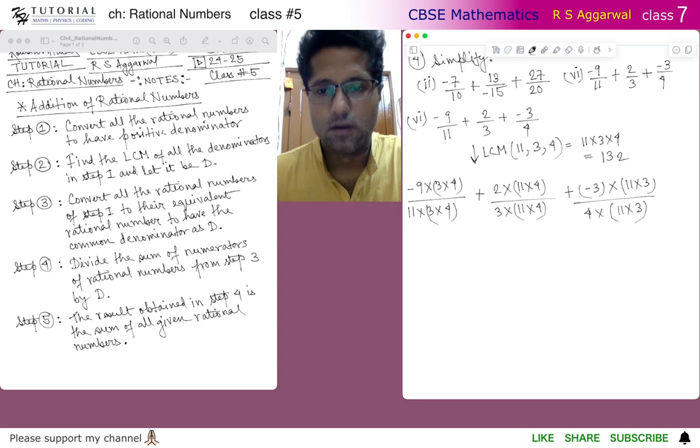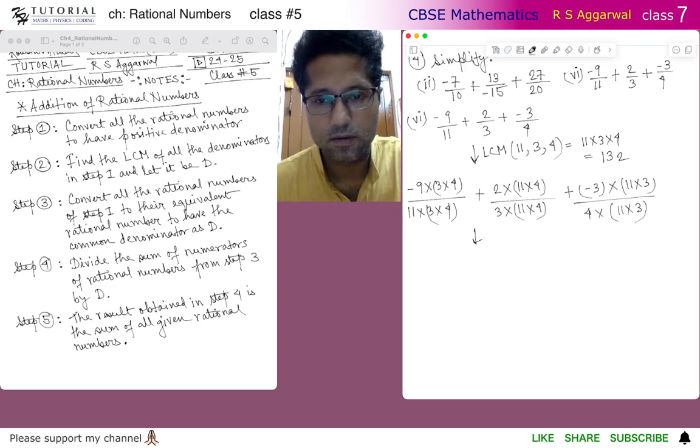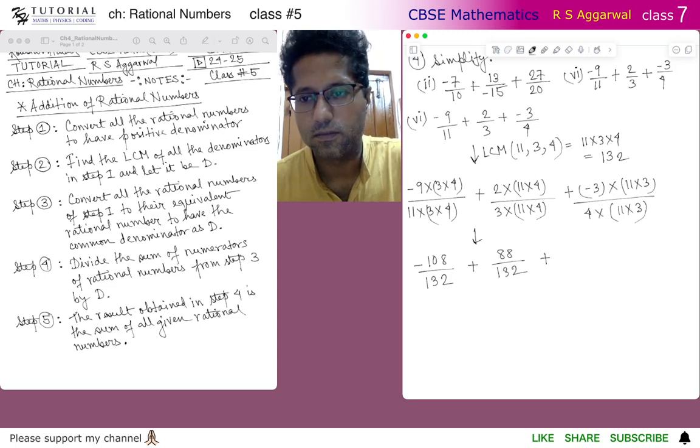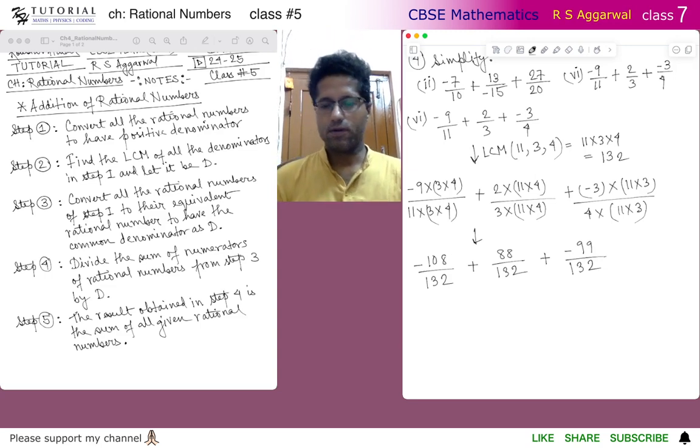Okay, so after simplification, 4 into 3 is 12, and this is minus 108 by 132 plus 88 by 132, and this is minus 99 by 132. So now we have all the denominators the same.